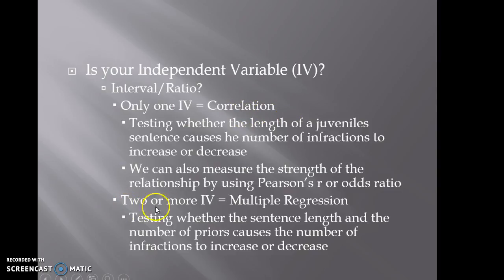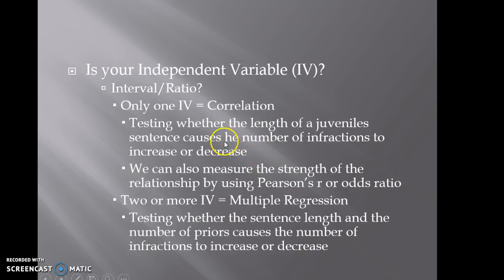If you have two or more independent variables, you'll use a multiple regression analysis. So if you only have one independent variable that is continuous, correlation. An example would be testing whether the length of a juvenile sentence causes the number of infractions to increase or decrease.